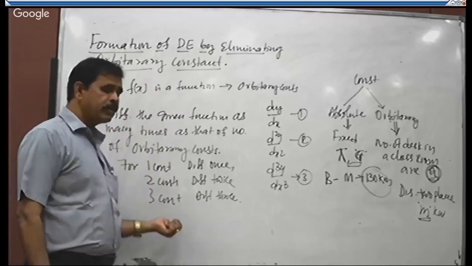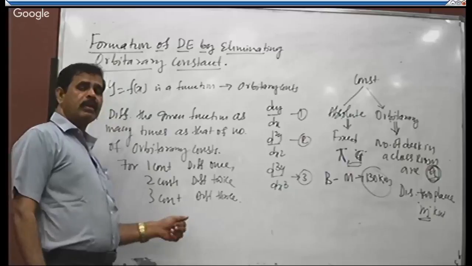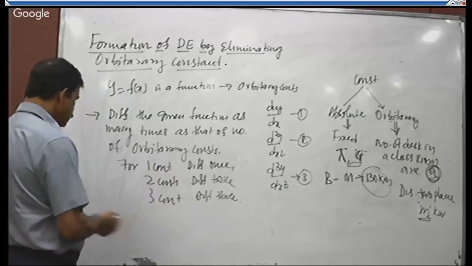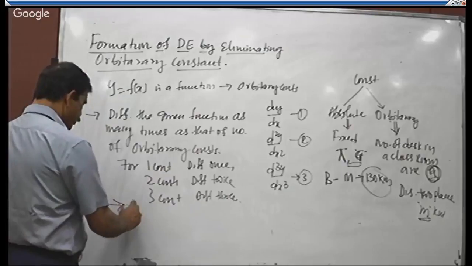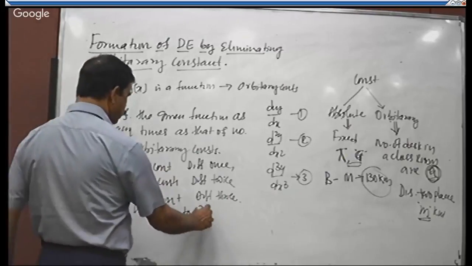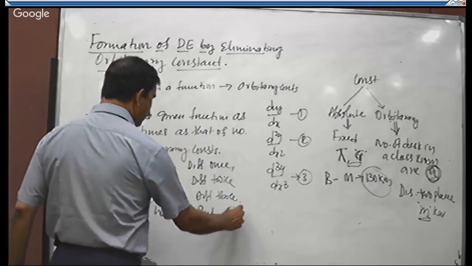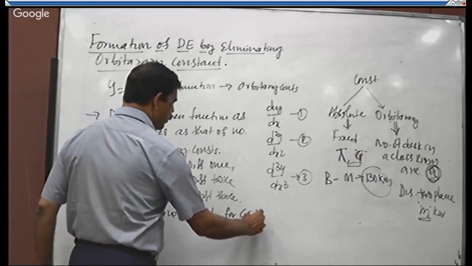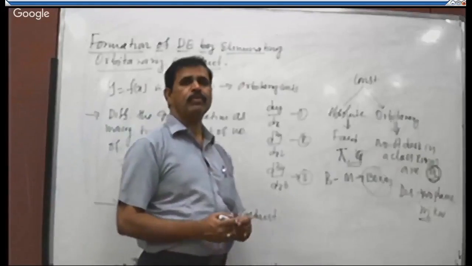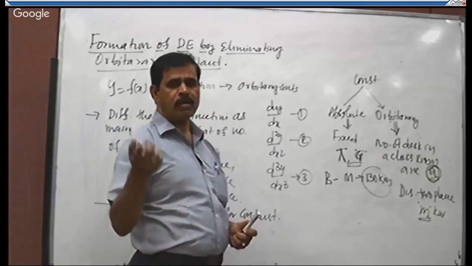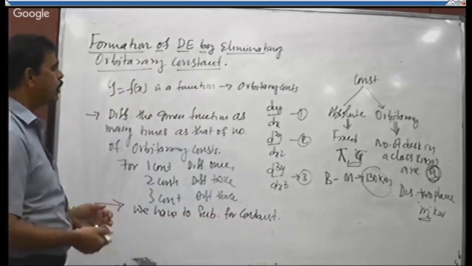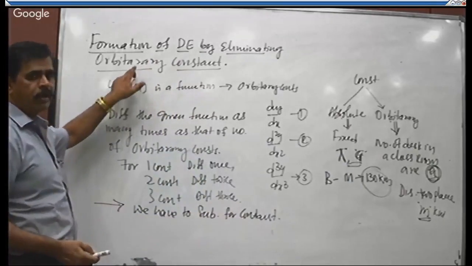If the constant or constants are not eliminated after differentiation, then we have to go for the substitution method. We have to substitute for the constant, either from derivative to function or from function to derivative. So this is the procedure you need to follow to form a differential equation.